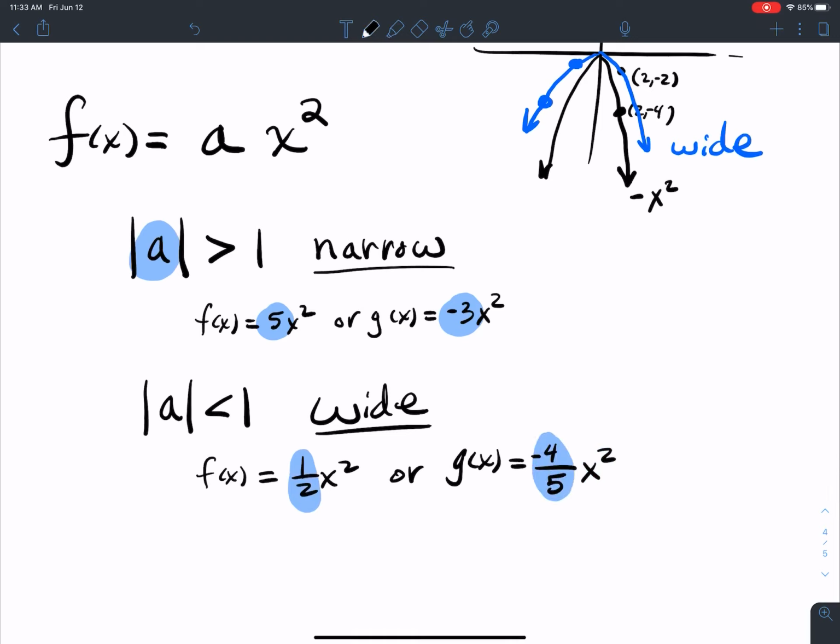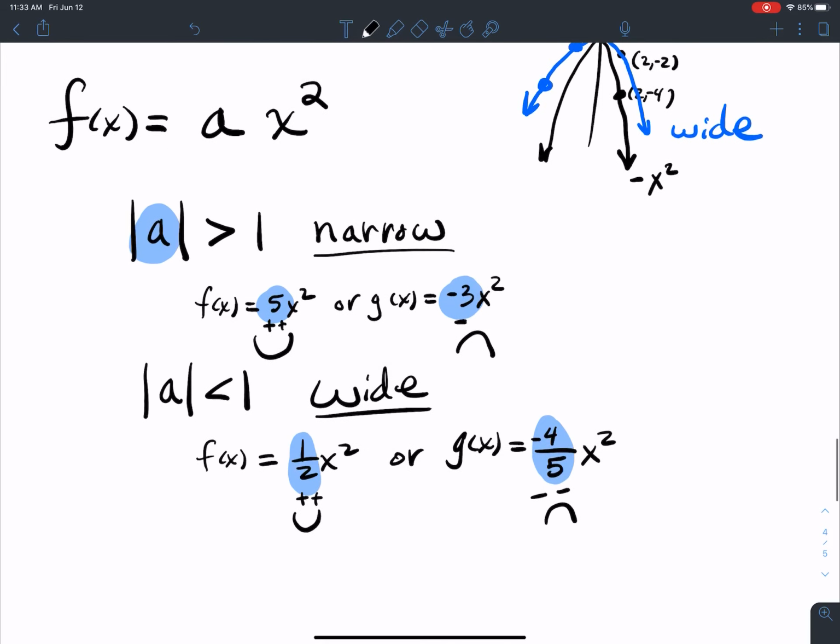Here's the deal, though. If this is a positive number, that means we are concave up. If it's a negative number, we are concave down. So here it's a positive number, so we're concave up, and here it's a negative number, so we're concave down. Okay? So if a is greater than 0, then we open upward.